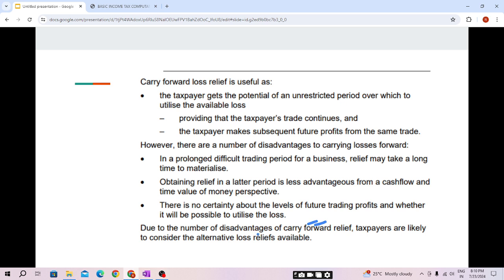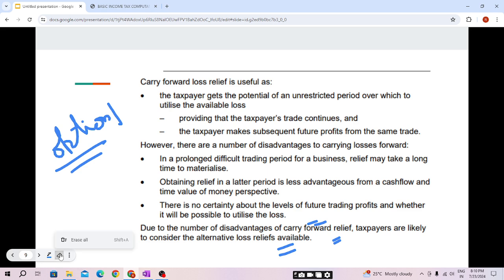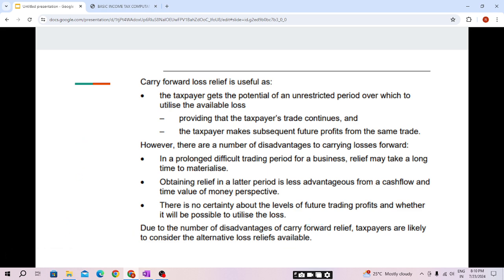Due to the number of disadvantages of carry forward relief, taxpayers are likely to consider the alternative loss relief available. So that is option number 1. Either you can claim option number 1 or option number 2, that is automatic carry forward, which is disadvantageous to many individuals.